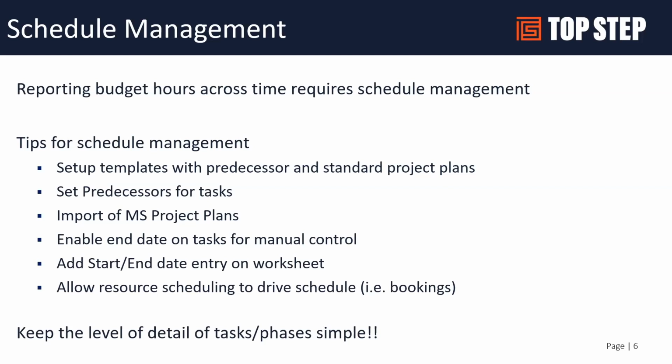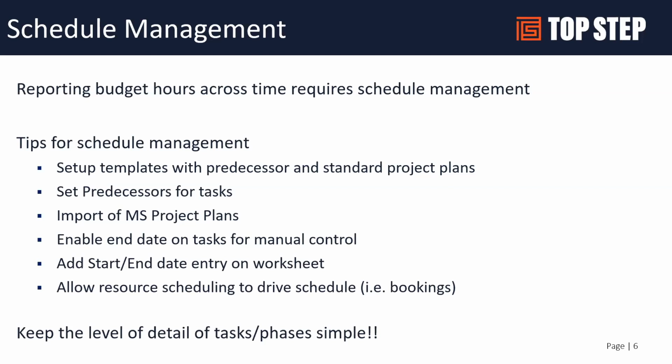You have options within your task to be able to enable what's called an end date on a task. Generally out of the box, there's a start date on a task, and then the start date would calculate a finish date based on the number of hours and the allocation of the resources on a project task. You can actually go ahead and have an end date as well, and I'll talk a little bit about what that looks like and how that gets enabled.